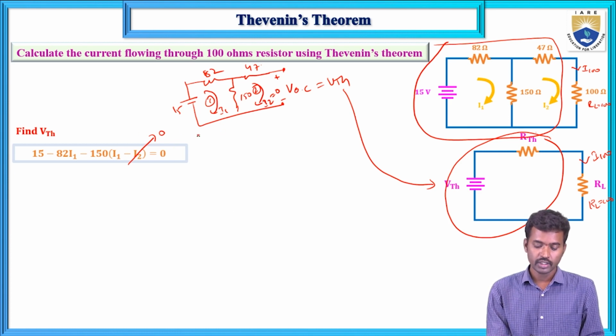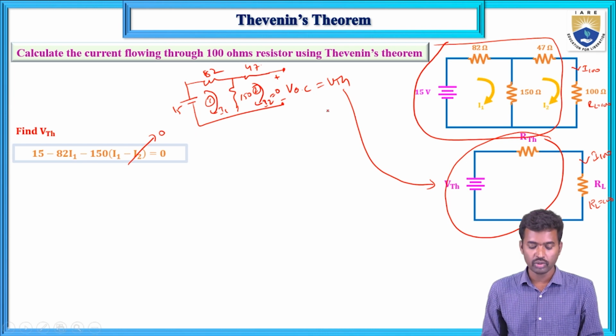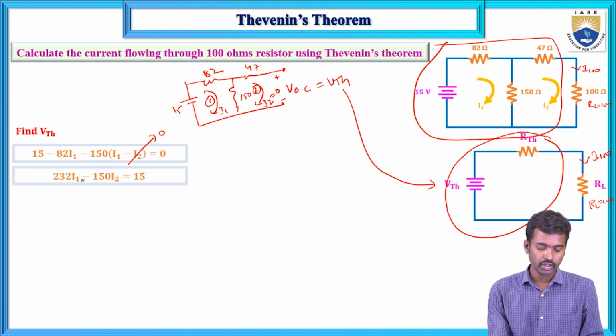In the second case I2 equals 0, meaning the open circuit current is 0. From this we can calculate the I1 value: 232 I1 minus 150 I2 equals 15. If you simplify with I2 equal to 0, I1 equals 15 by 232.